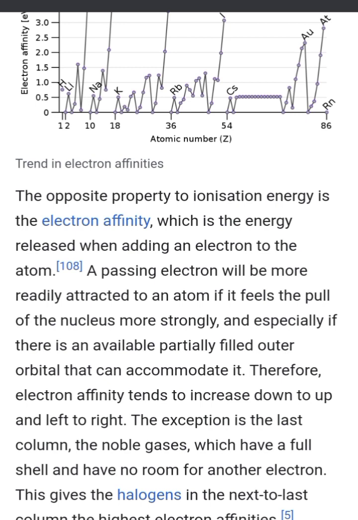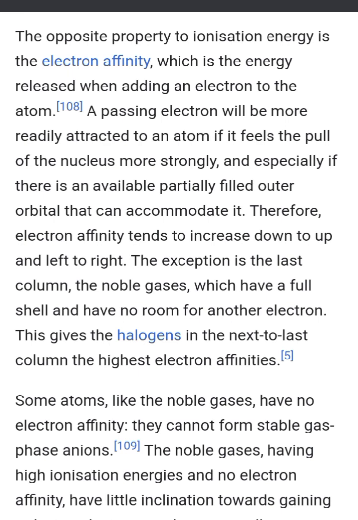A passing electron will be more readily attracted to an atom if it feels the pull of the nucleus more strongly, and especially if there is an available partially filled outer orbital that can accommodate it.